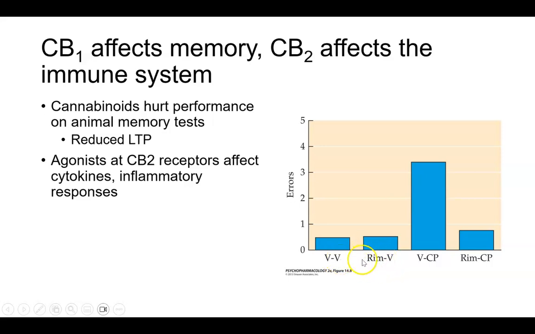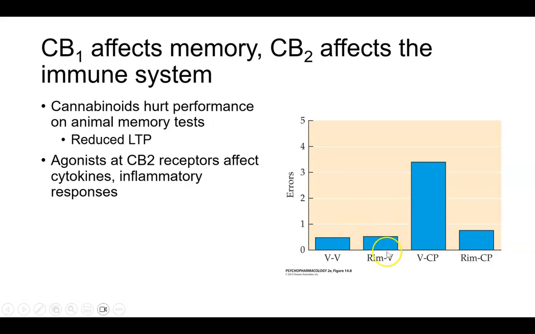Now, here, this group of rats was injected during training with a cannabinoid antagonist, a CB1 antagonist known as rimonabant. It's also known, and this is a mouthful, y'all, as SR141716A. We're just going to go ahead and call it rimonabant. So basically, it's going to counteract any effect of cannabinoids.